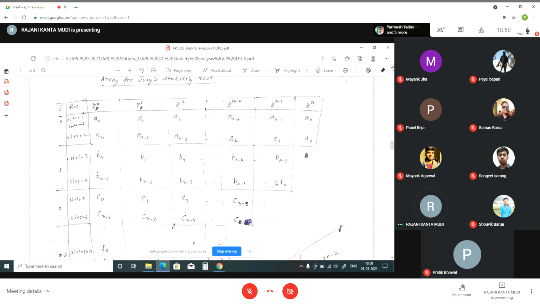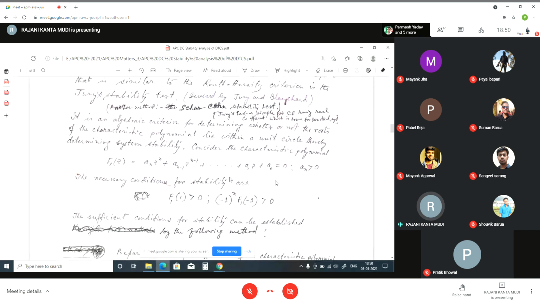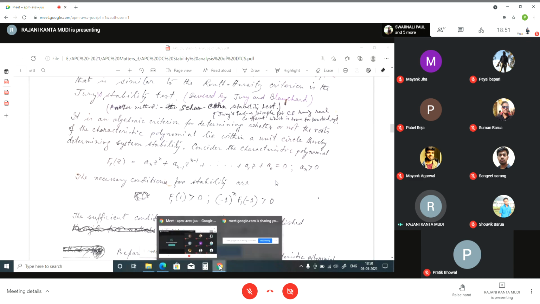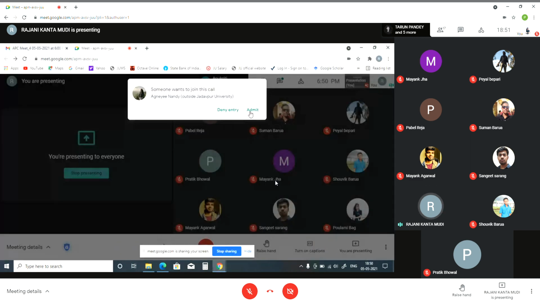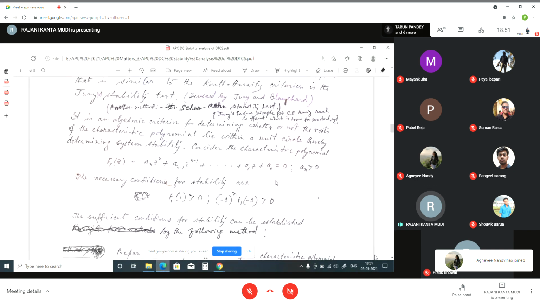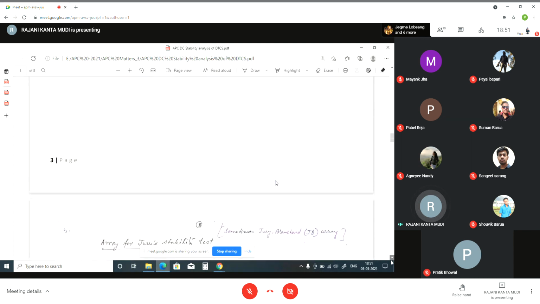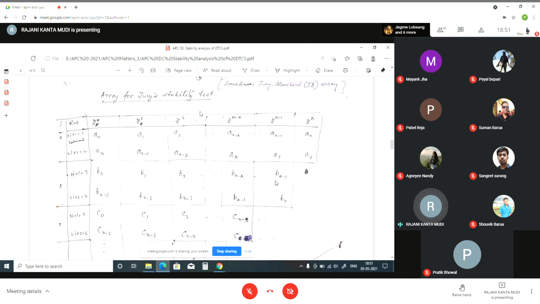So this is a simple process. First, you just find the characteristic equation. If it is given, then it's okay. Otherwise, you have to derive it. After that, check the necessary condition. If the necessary condition is satisfied, then form the Jury's array.